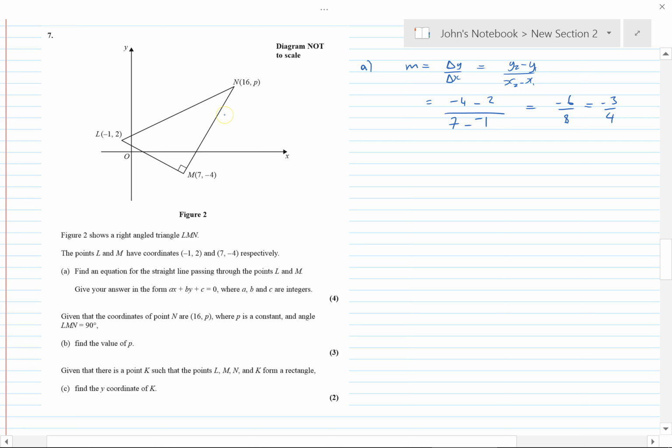Now we need to find the equation for it. We can then just quote the formula y minus y1 equals m times x minus x1, which is my preferred method here. I know some of you are still using y equals mx plus c and working out c, which is fine. So we've got y minus 2, let's put this one in, is equal to minus 3/4 times x minus minus 1, which is obviously x plus 1.